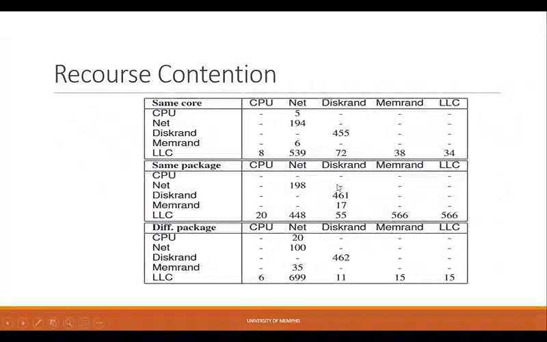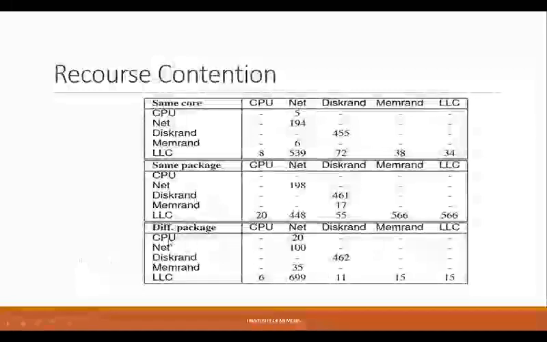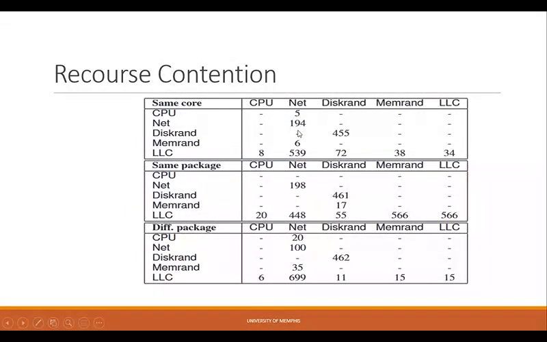And it turns out, if you notice here, regardless of whether you are using your configuration in the same core, or running your virtual machine on the same package, or on a different package, the network has a very bad effect on the cache.